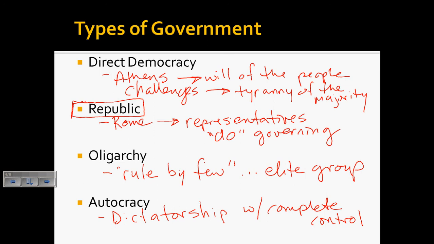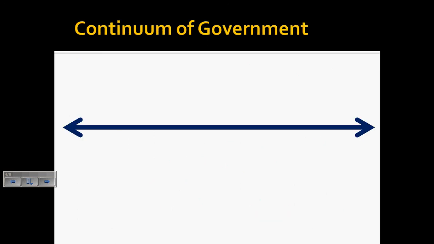Now, if we take these four, you can look at them on a continuum of government, where on this part of the spectrum you have the full voice of the people. I know that's a little hard to read, but on the left side you have the full voice of the people, and on the right side of the spectrum you have no voice of the people.